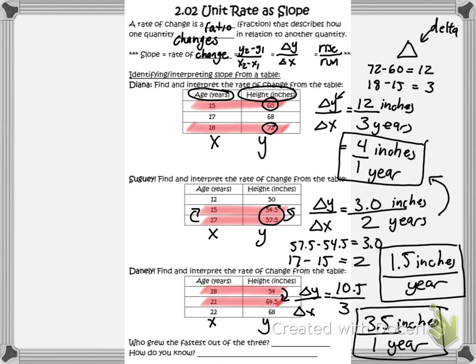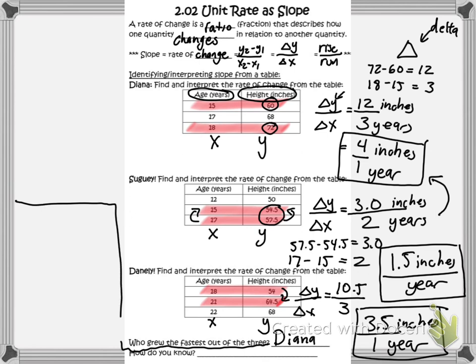Let's answer this question. Who grew the fastest out of the 3? Go ahead and answer that question first. If you wrote Daniele, you are incorrect. If you wrote Diana, you are correct. Diana is growing the fastest out of all 3. How do you know? I can't write down there, so I'll write over here.